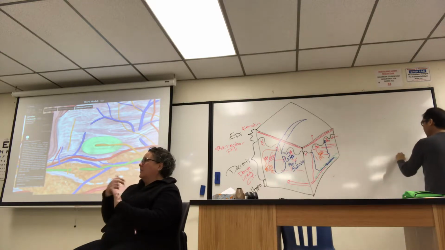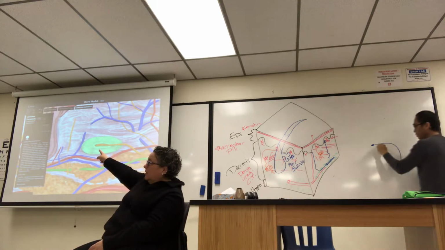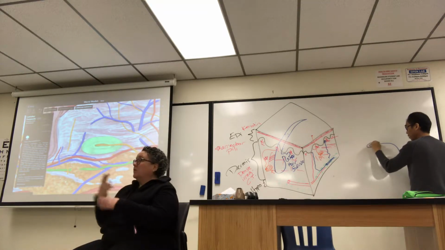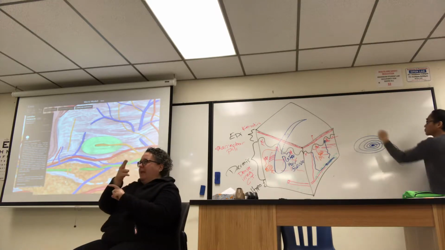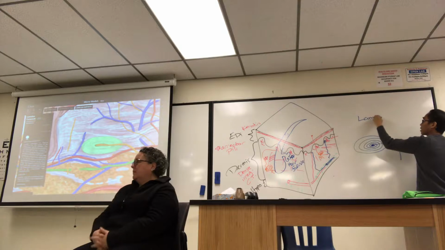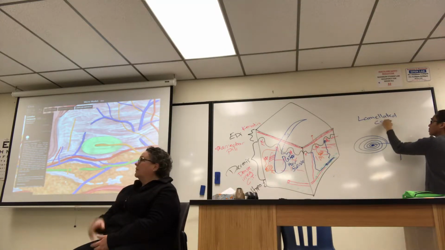So what you see there is you have a nerve ending that has many layers around it, not just one layer like the one I just drew, but many layers. Lamellated corpuscle.